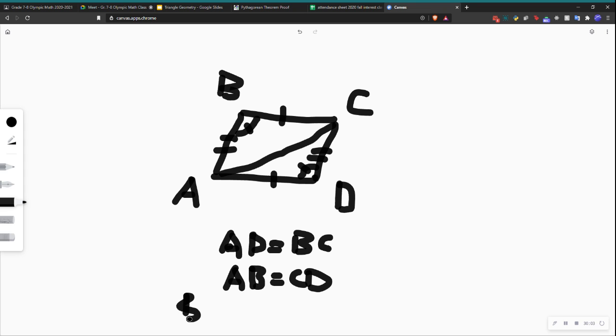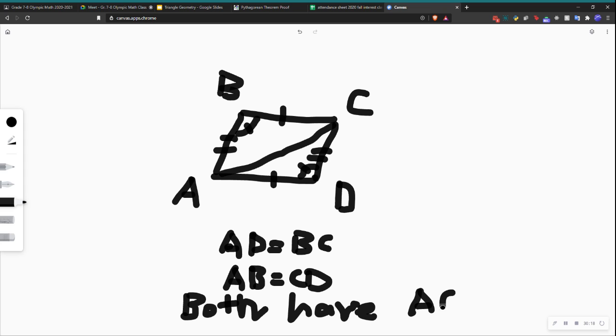So here you're using side, side, side, proving that all three side lengths are equal. And that's how you prove that triangle ABC is congruent to triangle ADC.